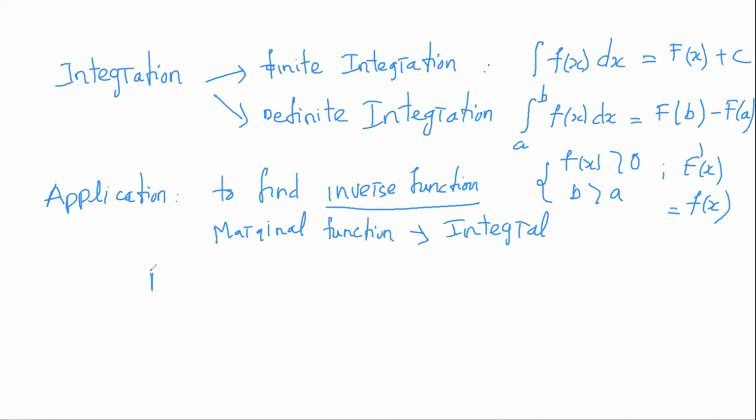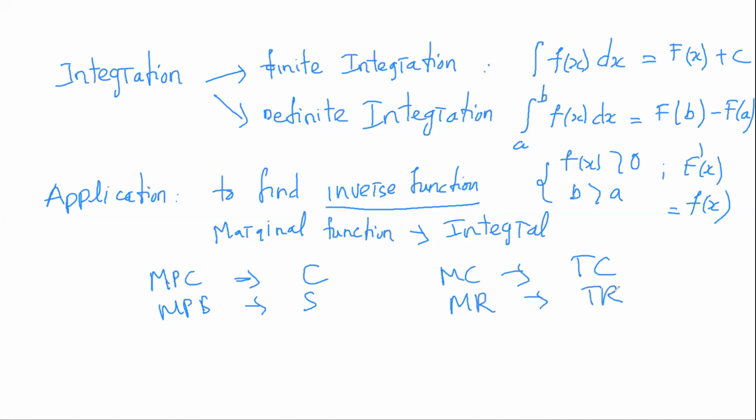For example, from MPC you can find a function of C, MPS you can find S. From MC you can find the total cost. From marginal revenue you can find the total revenues. Okay.